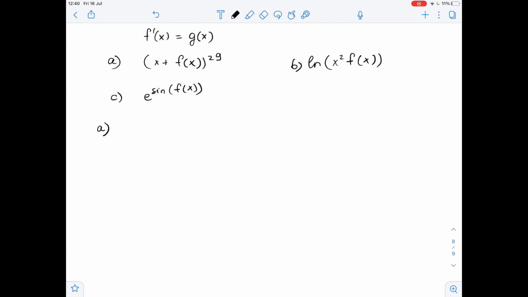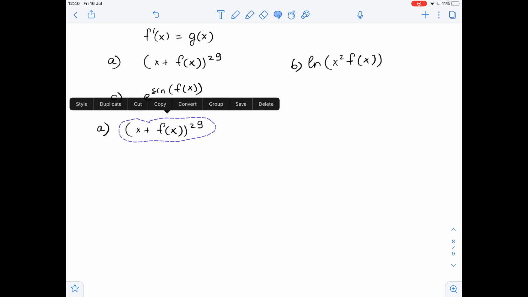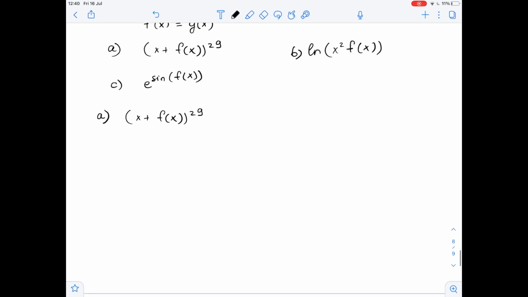Part A, I'll just copy paste the given function. So here's the derivative of x plus f of x to the 29th power with respect to x equals. So we will use the chain rule here.